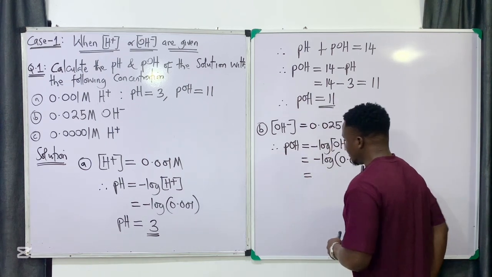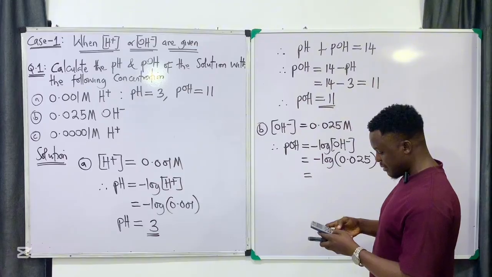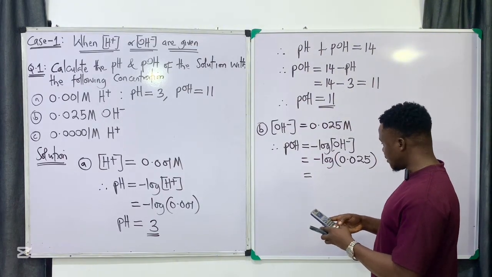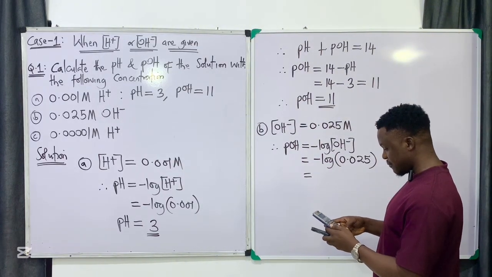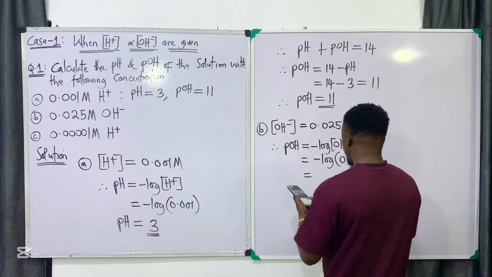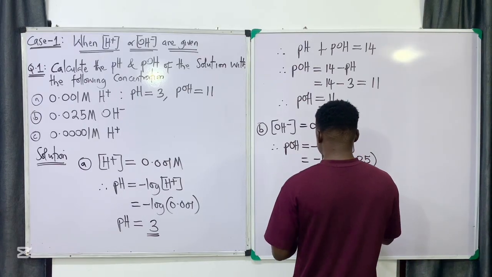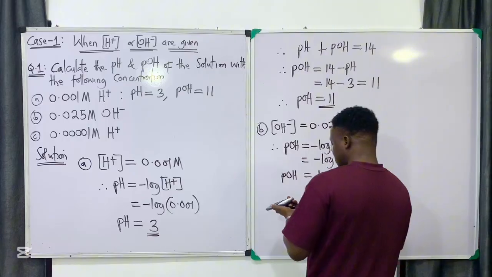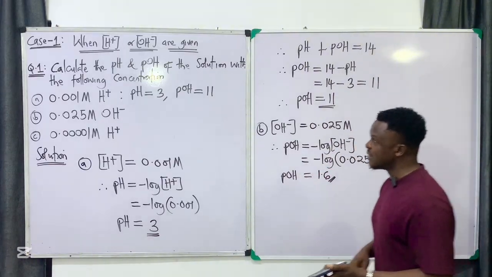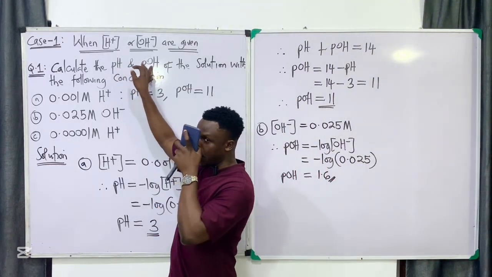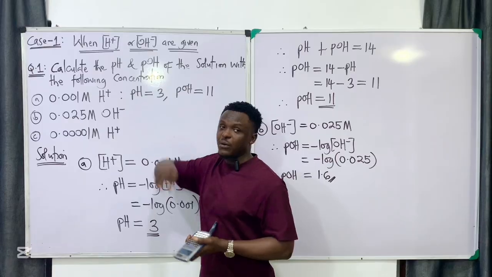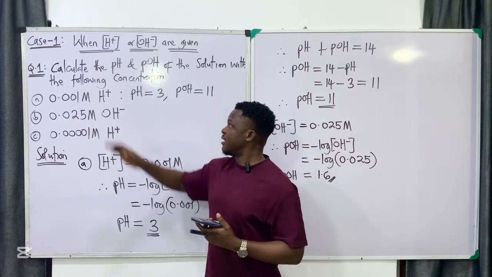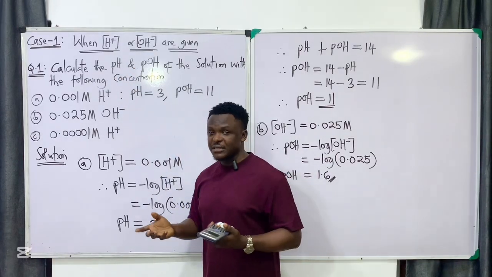Now when I evaluate that with my calculator, negative log of 0.025 gives me 1.6. So that's the value for my pOH. But remember they said pH and pOH. It doesn't matter whichever one is solved first. At the end of the day, just get your two parameters.